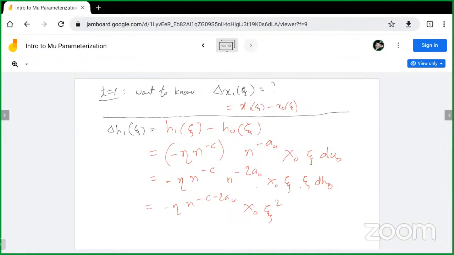So we can now plug the dh from here, and multiply. Yeah, so this is what it is.